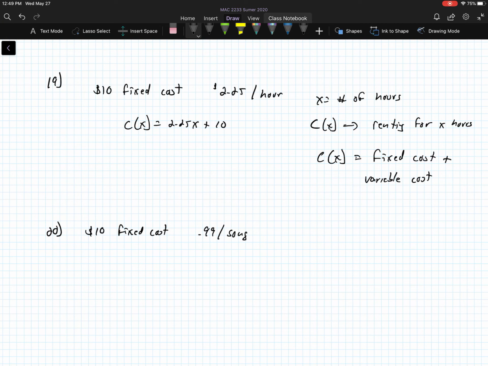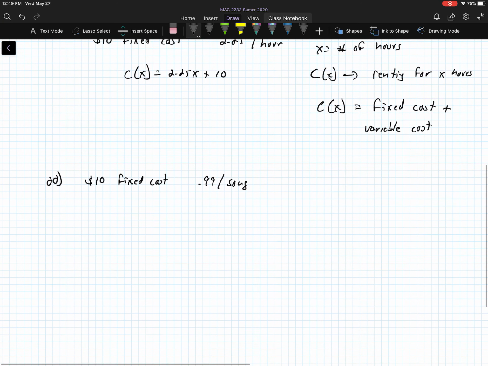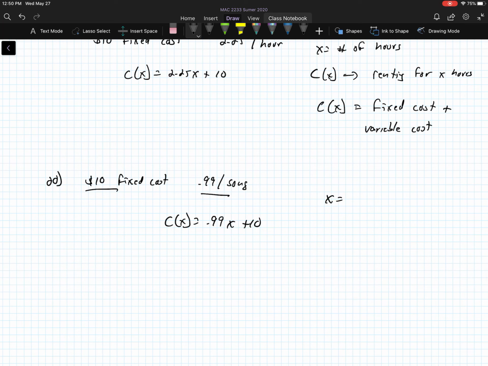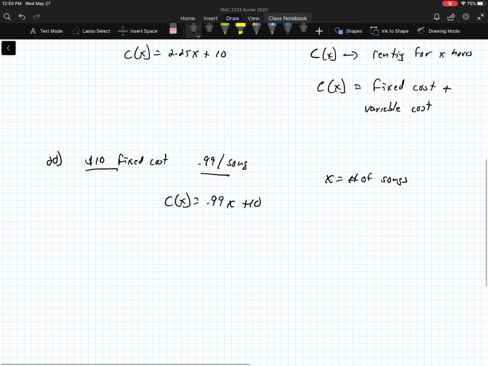So for number 20, we're going to have, again, the cost function. Looking at everything, we can see that this is the fixed cost, this is the variable cost. So then C of x is going to equal 0.99x plus $10, of course, where x is equal to the number of songs that you download. So that's number 20.